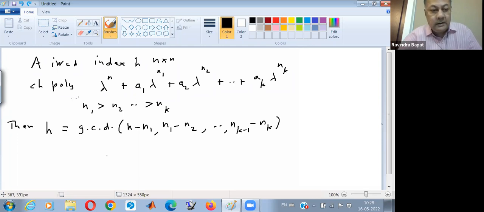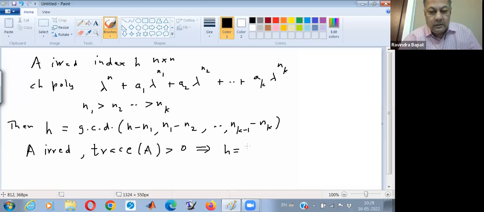So more generally, if you have an irreducible matrix but it has a loop, there may be more than one loop, that means the trace is positive, and then it implies h is equal to 1. So that is one simple case. So it is primitive. An irreducible matrix with positive trace, or a single positive diagonal element, is sufficient.